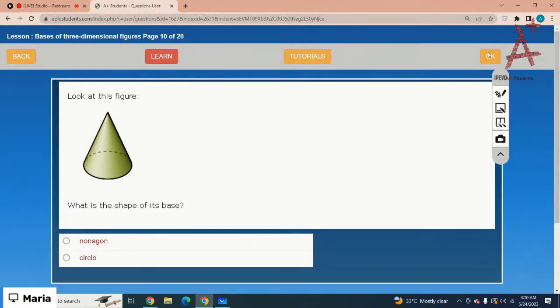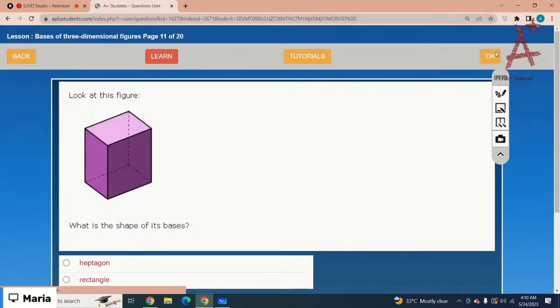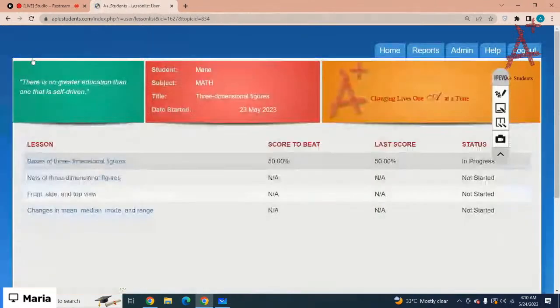Look at this shape. What is the shape of its base? It is circle. Okay, you can complete the test by yourself later today. Let me just move on to next lesson.